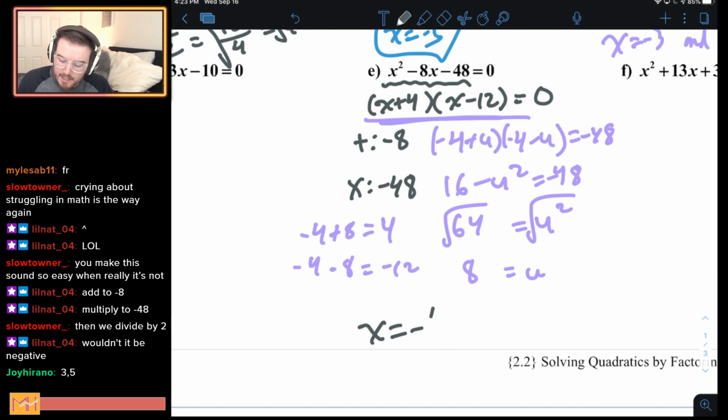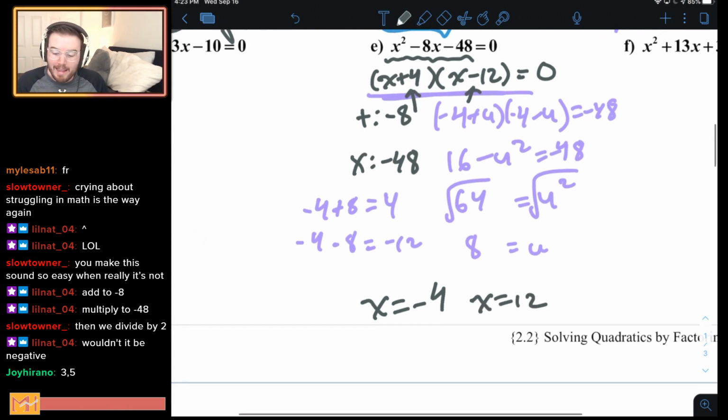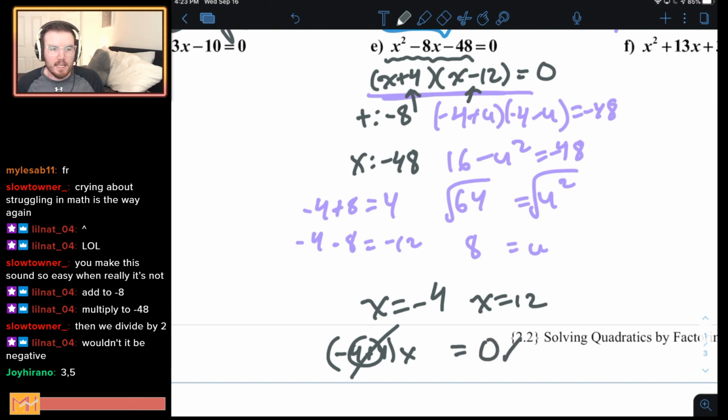Again, it's the opposite of what's in the parentheses, right? Because why is that the solution? Well, when I plug in negative 4, I get 0. And 0 times anything equals 0, right? That's the point. We want it to equal 0.